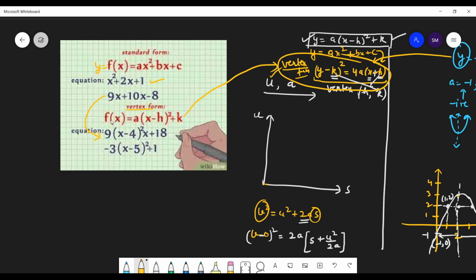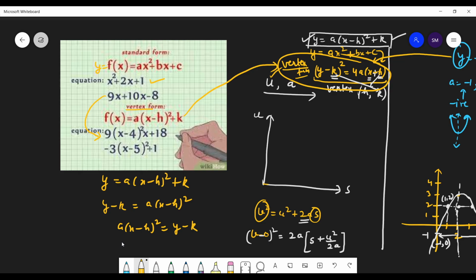Okay. So y equals a into (x minus h) whole square plus k. That will be y minus k equals a into (x minus h) whole square. So a into (x minus h) whole square is equal to y minus k.